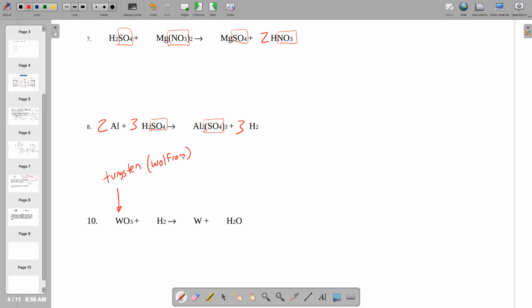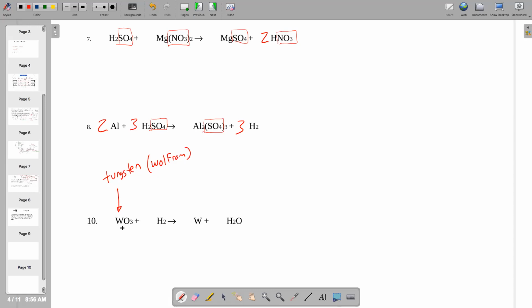There can't be air inside there because tungsten reacts with oxygen to make tungsten oxide. And that's what causes the light bulb to burn out. If oxygen gets into the bulb, then the bulb will blow. So this tungsten oxide, WO3, that's the oxide of tungsten.